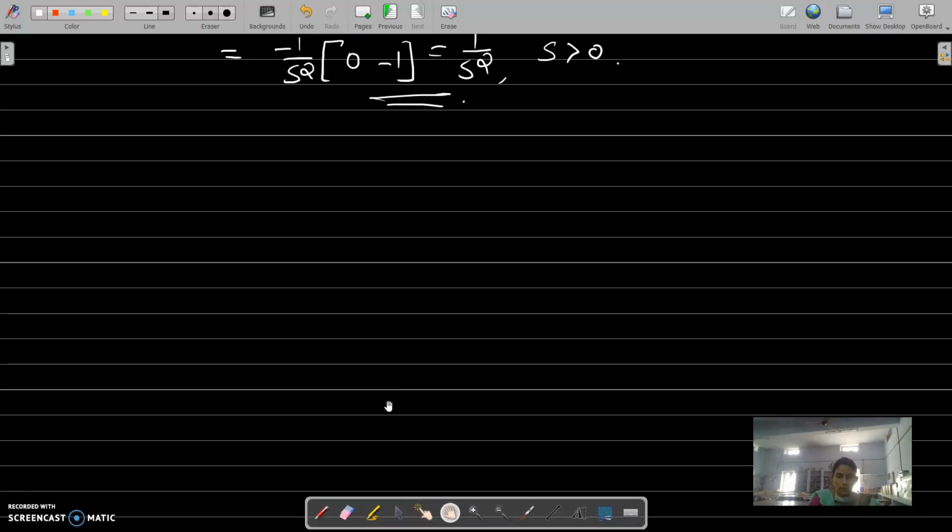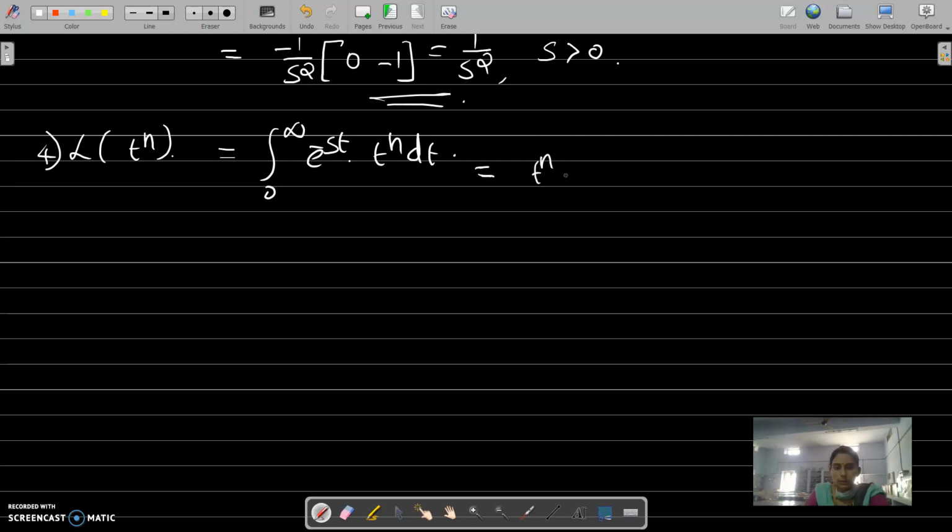Next we have to check the Laplace transform of t raised to n. So from the definition, integral 0 to infinity e raised to minus st into t raised to n into dt.